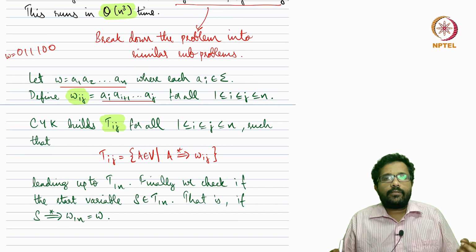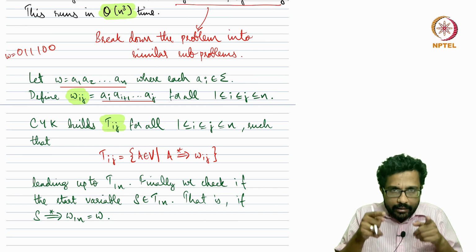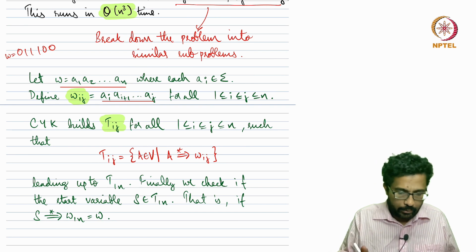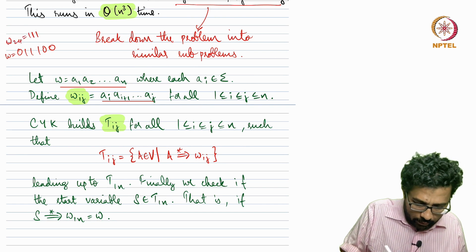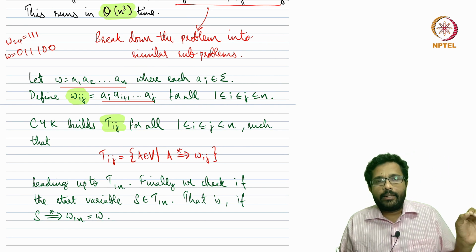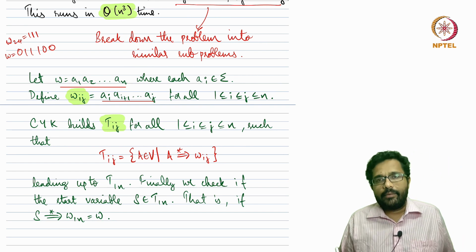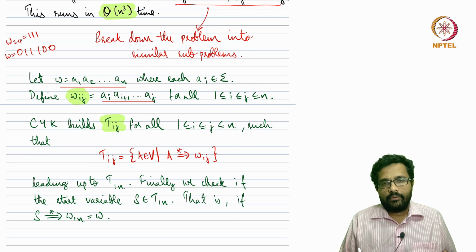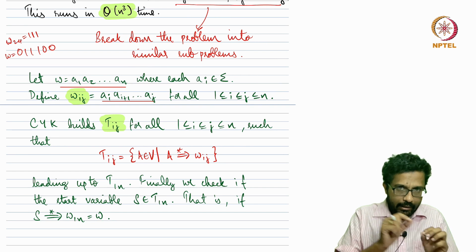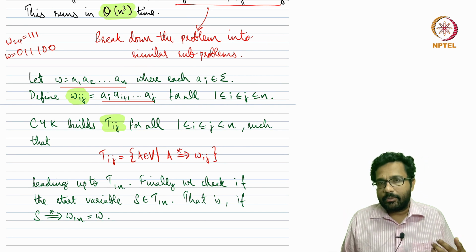So these are the set of variables from which we can derive that substring. I said here W 2 4 is 1 1 1. So T 2 4 will be the set of all variables which are able to derive this substring 1 1 1. When I say derive, it means that the variable alone should derive exactly this and nothing extra, right?